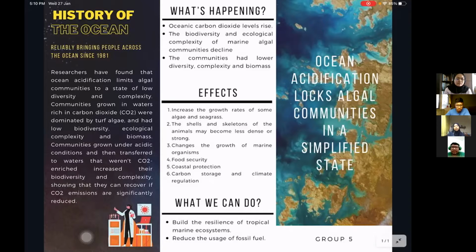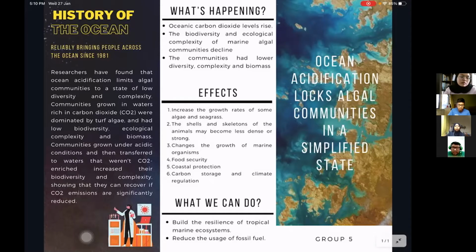So without further ado, I will continue with the history of the ocean. As you can see in the brochure, it is reliably bringing people across the ocean since 1981. The researchers have found that ocean acidification limits algal communities to a state of low diversity and complexity.